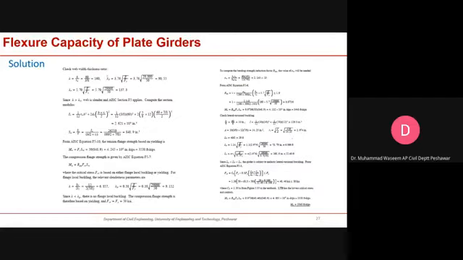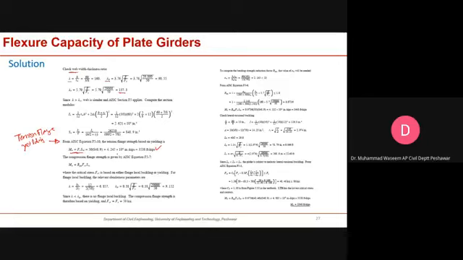Similar to before, first you have to check the classification of the web. For that, you calculate the depth to thickness ratio and compare it with lambda P and lambda R. It is greater than lambda R, which means your web is slender. Then you check the first limit state, tension flange yielding, and you should calculate its capacity.